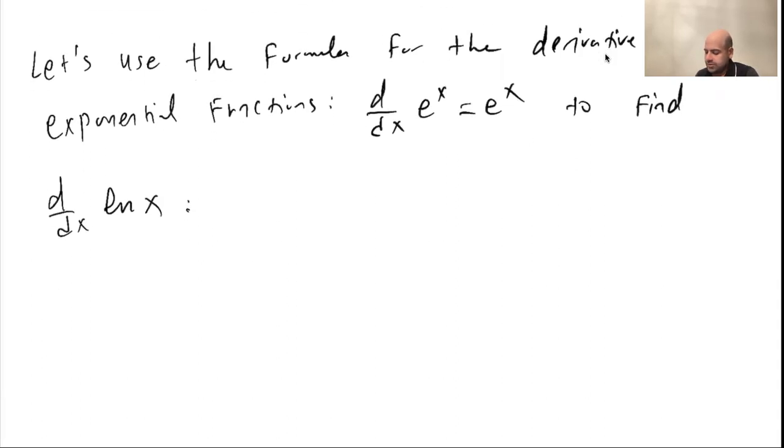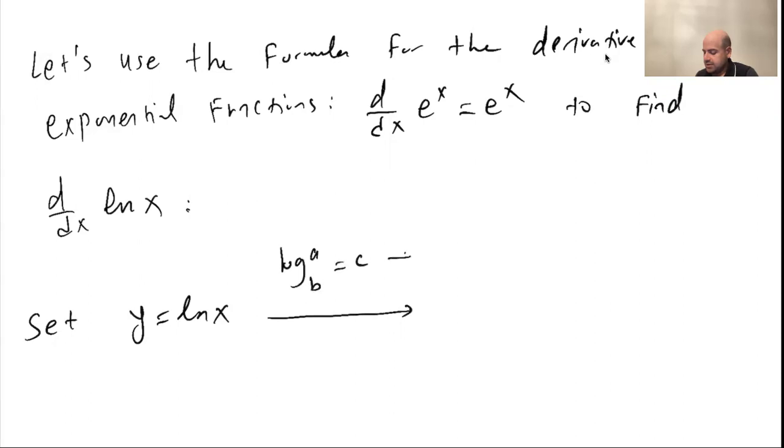So let me set y equals ln x, right? Then if I want to translate this into exponentials, how can I rewrite this equation? Because we already know that if log of a in base b equals c, this is the same as saying that a is equal to b to the power c, right?